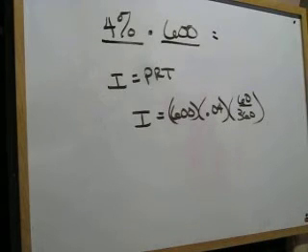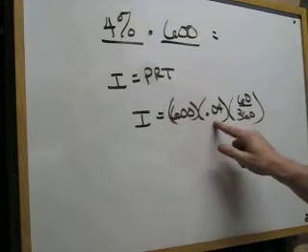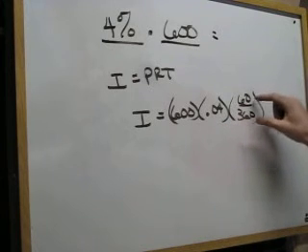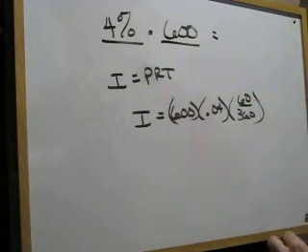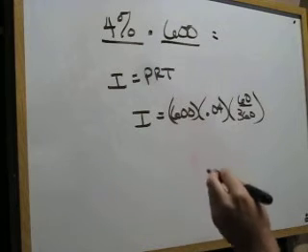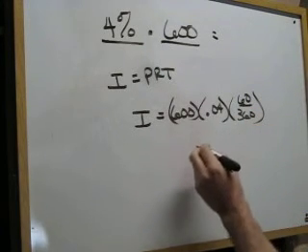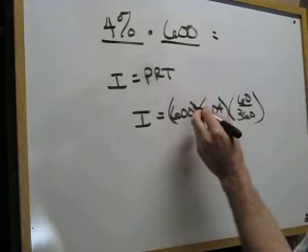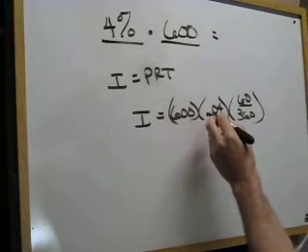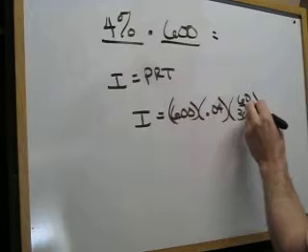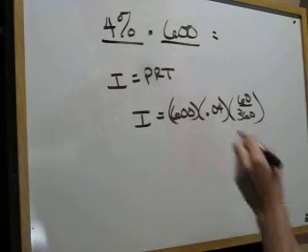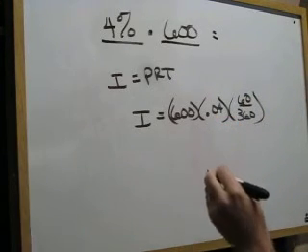So we're just going to multiply those numbers out. You're going to multiply 600 times 0.04 and then times 60 over 360. Remember, when you multiply a number times a fraction, you multiply the number times 60 and then divide by the 360.